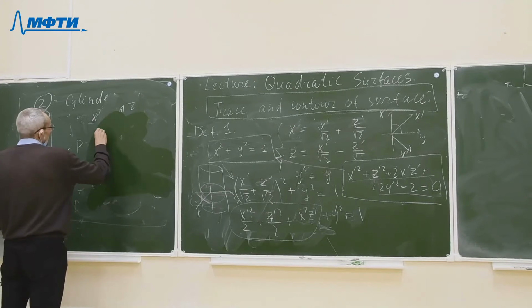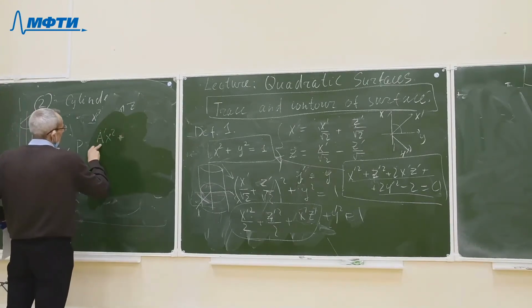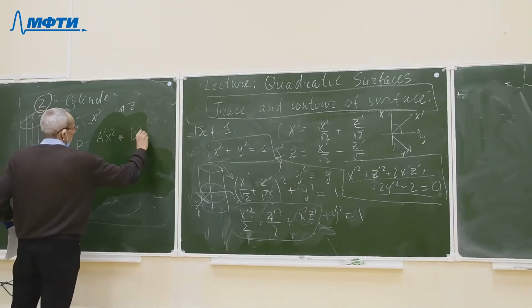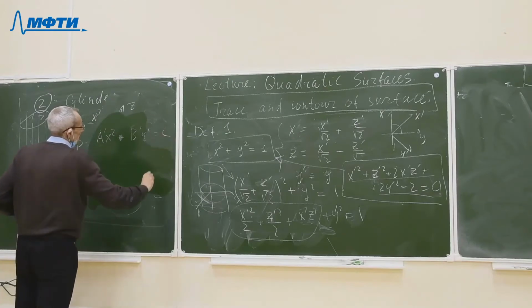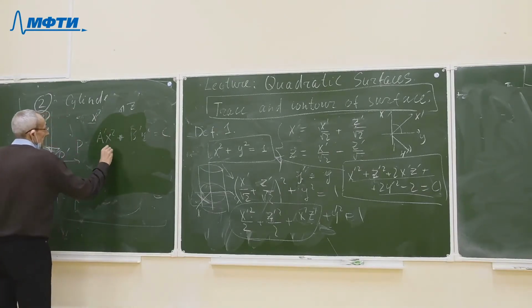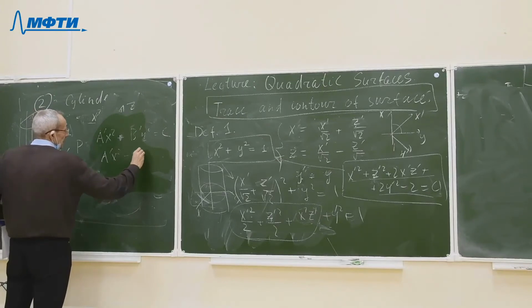we obtain the canonical form a prime x square plus b prime y square is equal to c, or a prime x square is equal to c prime y.